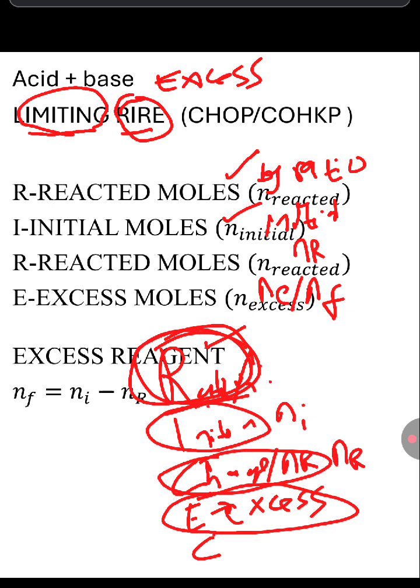Okay, then this one now is what we call the concentration. In this concentration, you're going to use the number of moles that are in excess divided by the total volume.